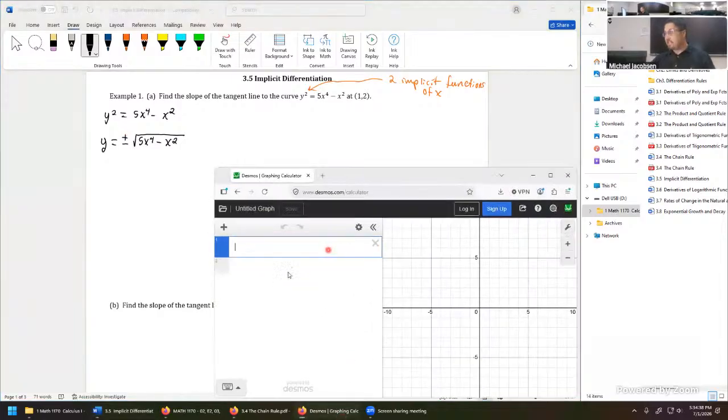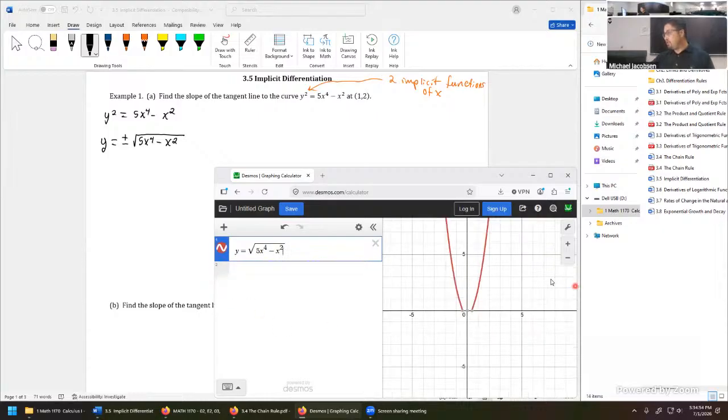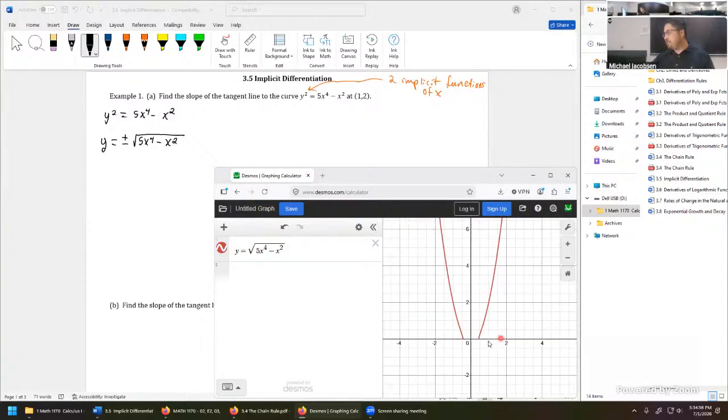Let's throw this on the graph just to get a view for what we're looking at here. We have one function, y equals, I'll put in the positive root, square root of 5x^4 minus x squared. So there's our first function. Notice it has an interesting domain issue. It's undefined for values between about -0.45 and positive 0.45 approximately.